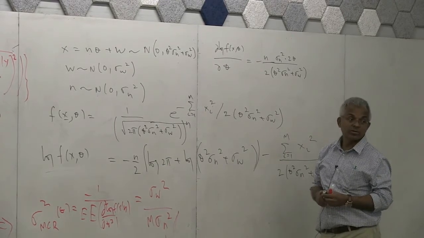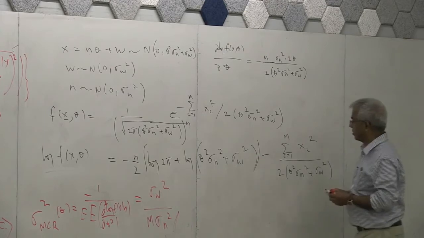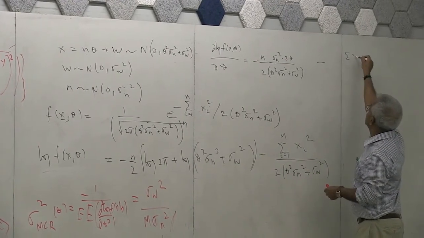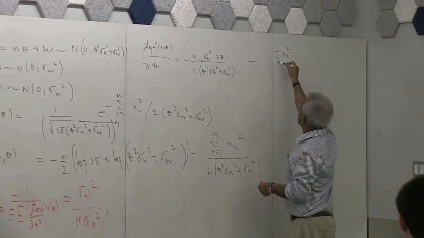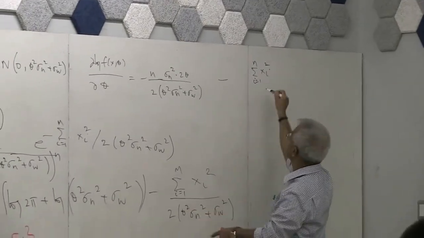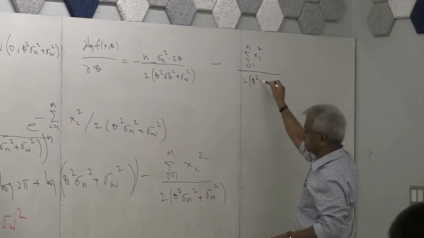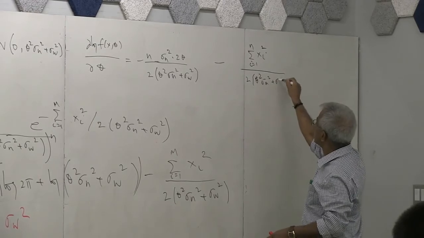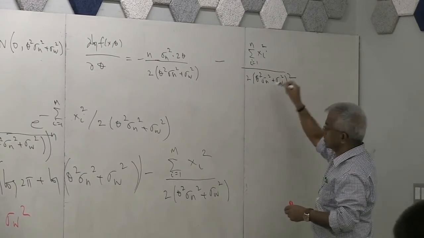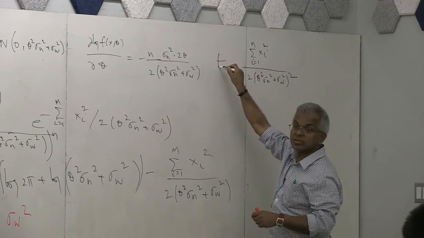Is this right or wrong? Then I have to do the derivative of this. So minus sigma xi squared, i equal to 1 through n. The derivative of this with respect to theta: you have 2, this is theta squared sigma n squared plus sigma w squared, minus, this becomes plus, then what?